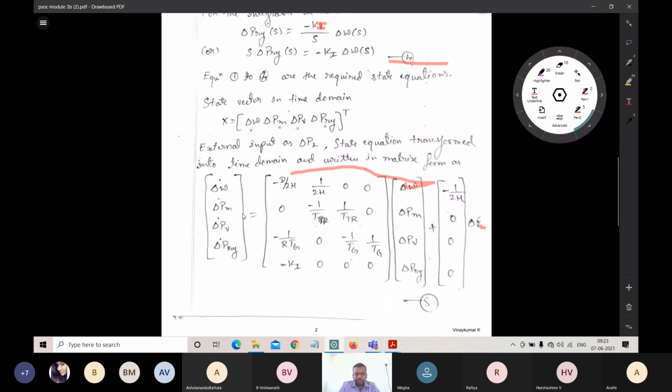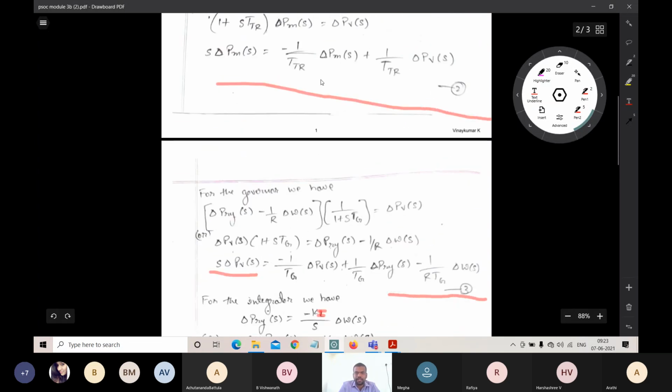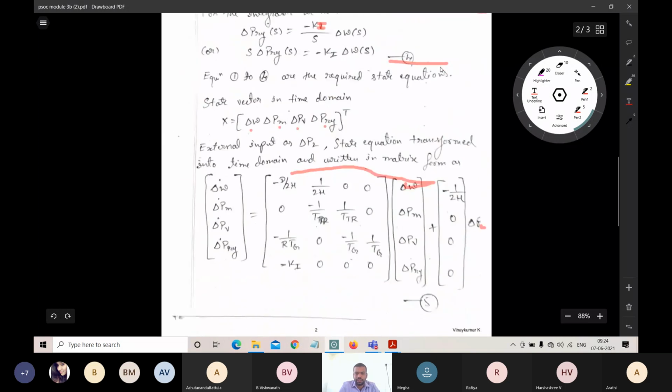Similarly for equation 2, delta pm of s is equal to, there is no delta omega in the delta pm equation. We have only delta pm and delta pv, so only those two come here.